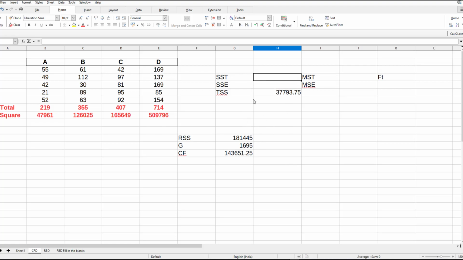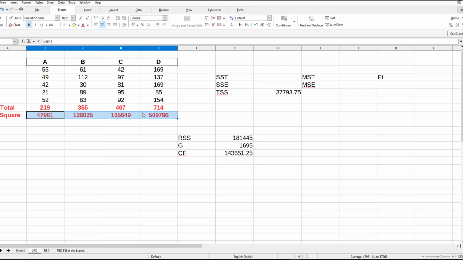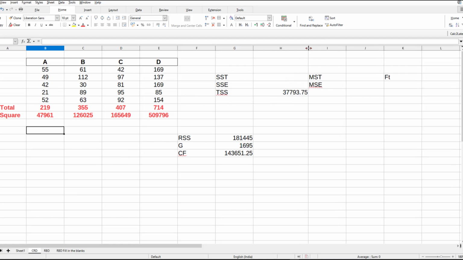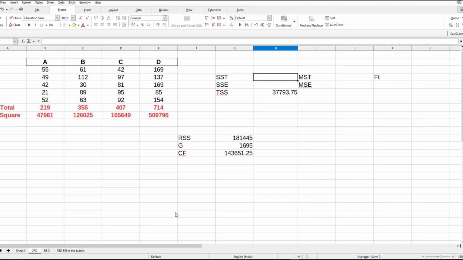The next step is to find out SST, sum of square due to treatment. Sum of square due to treatment will be obtained from these T square. I will add this T square divided by number of observations per treatment, 5, and subtract the correction factor. Let me break down the calculations. First I will calculate the total. This is equal to this plus this plus this plus this, right?